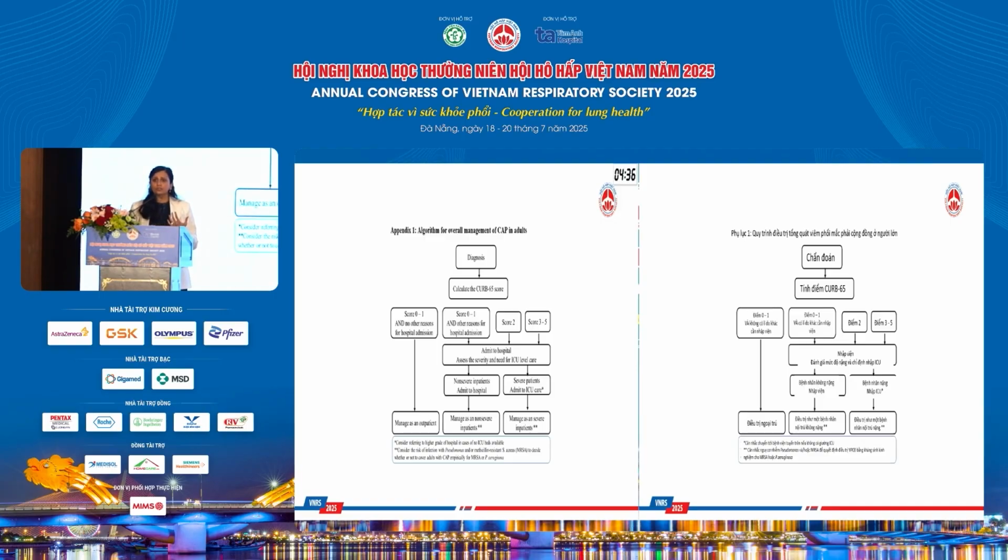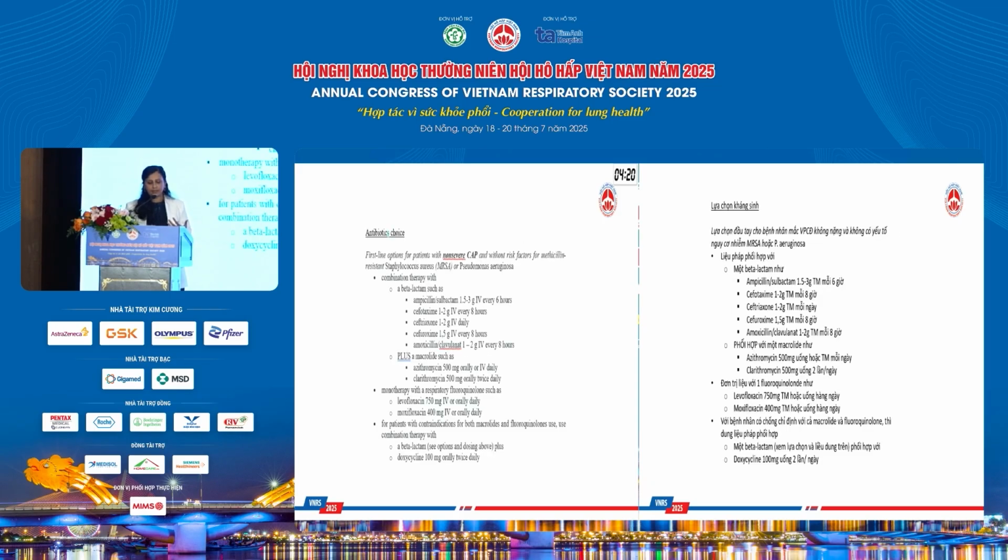Overall, there was use and distribution of the guidelines. I won't go through point by point, but basically we discussed and distributed material to say this is how we manage community-acquired pneumonia as per the guideline. These are the antibiotic choices. We also gave practical scenarios.